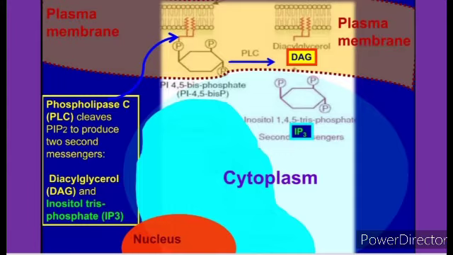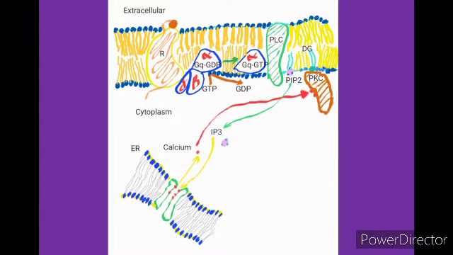I'm going to go through that in detail now, but first I wanted you to appreciate where that molecule PIP2 came from and its nature. So here we go with all the details that you want to know. This is a slightly different representation, but this receptor again has the same shape in the membrane.